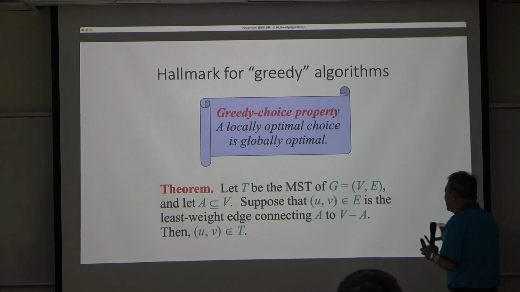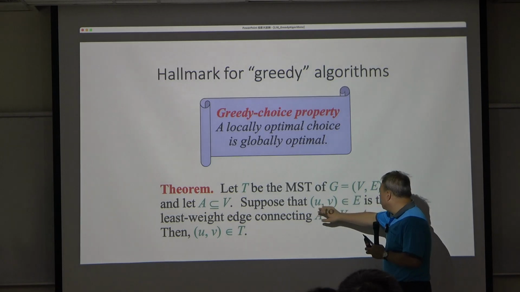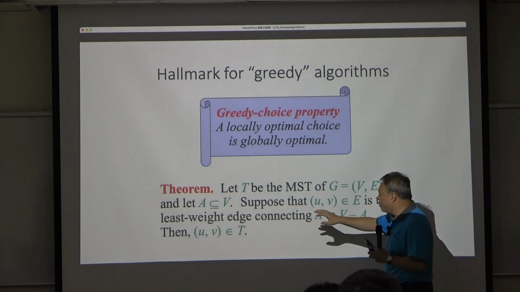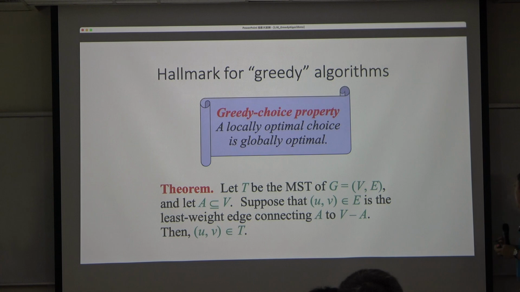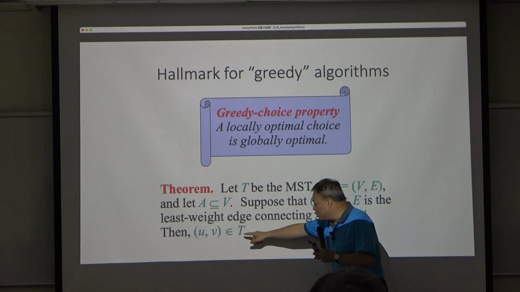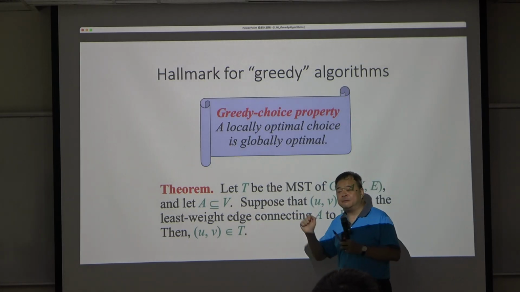here I'm telling you that if UV is the least weight edge connecting A to V minus A, so among all these edges, say this edge has the minimum weight among all these edges, then I'm telling you, this edge must be included in the MST.